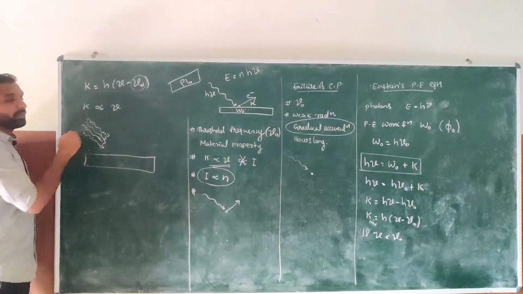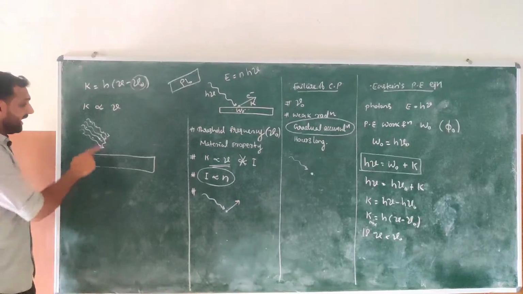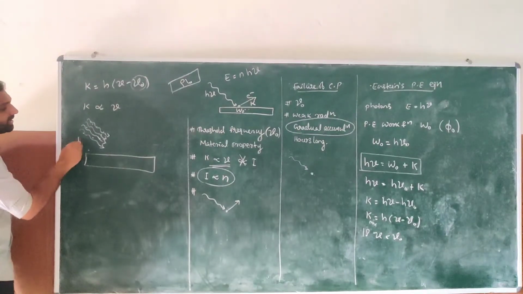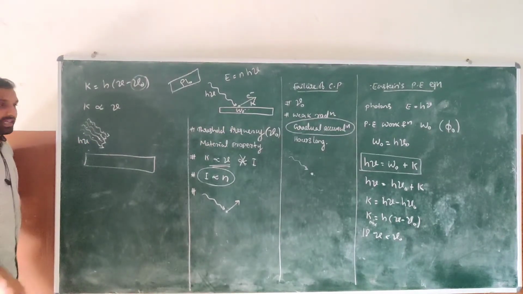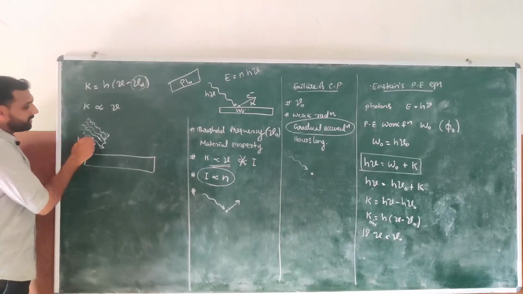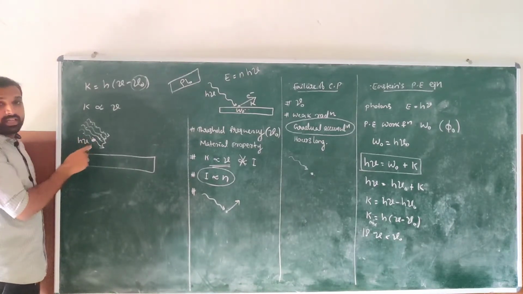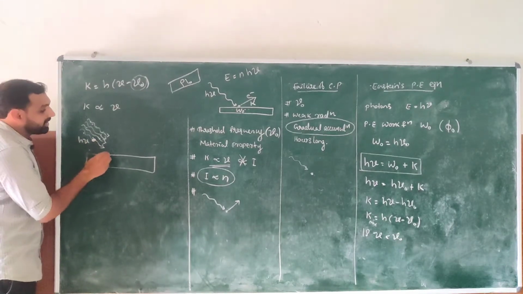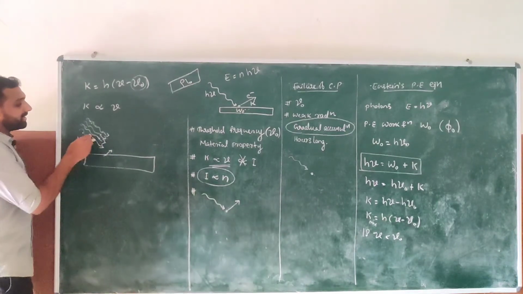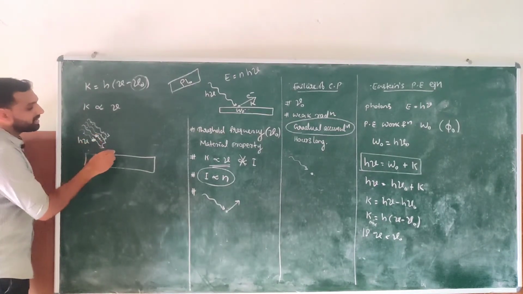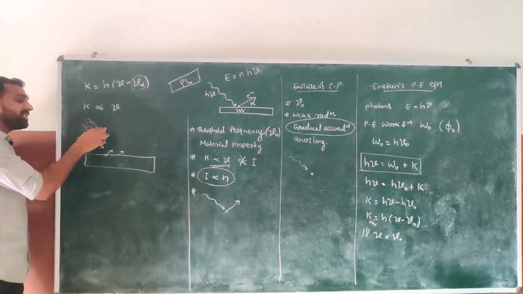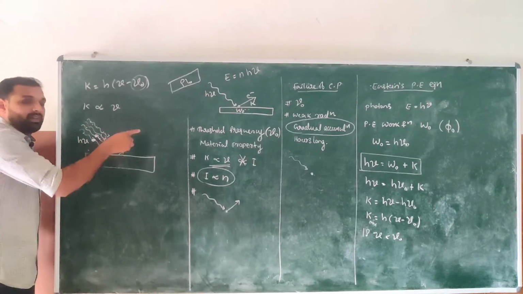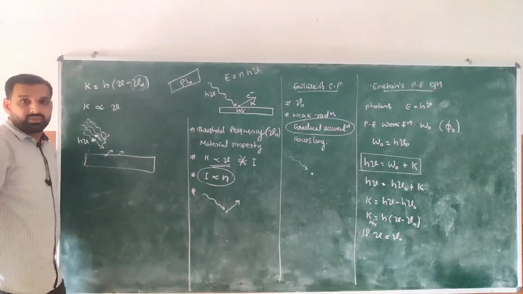Each photon has an energy h nu. Suppose this photon has energy h nu; it will eject an electron. There will be another photon, which will eject another electron. Each photon ejects one electron.